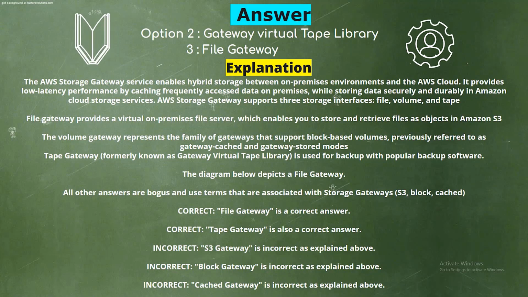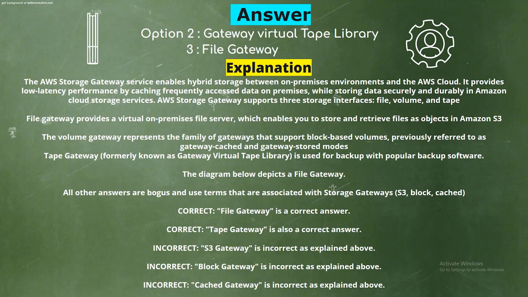File Gateway provides a virtual on-premises file server, which enables you to store and retrieve files as objects in Amazon S3. The Volume Gateway represents the family of gateways that support block-based volumes, previously referred to as Gateway Cached and Gateway Stored modes. Tape Gateway, formerly known as Gateway Virtual Tape Library, is used for backup with popular backup software.